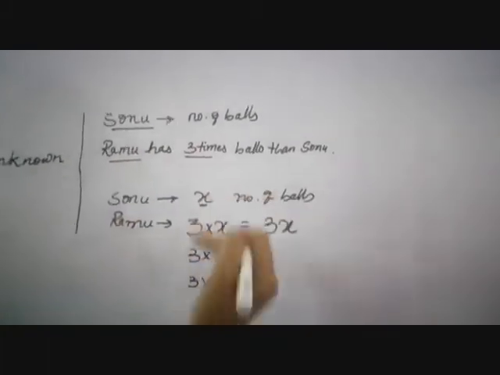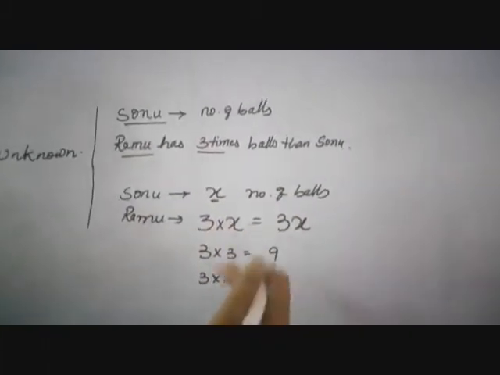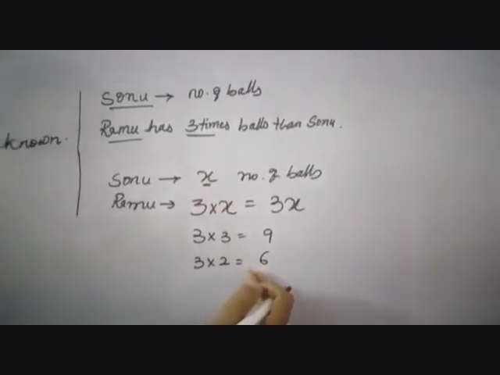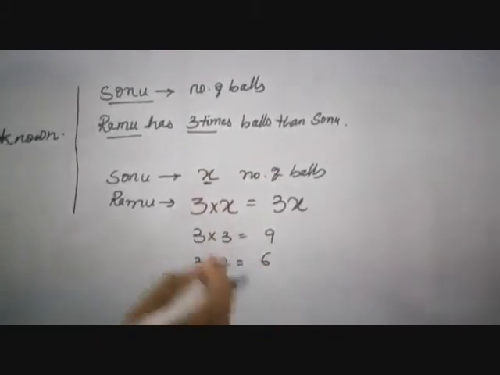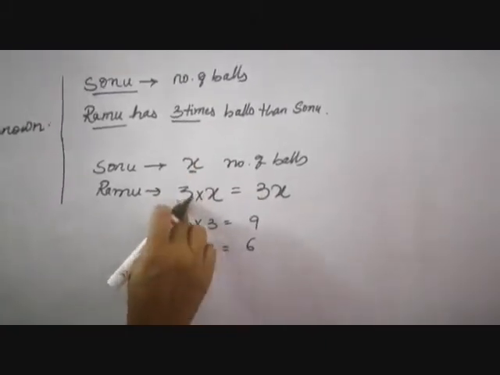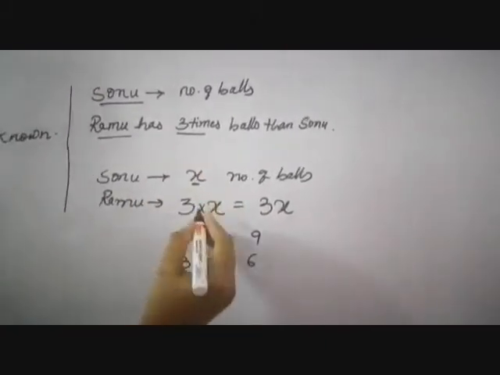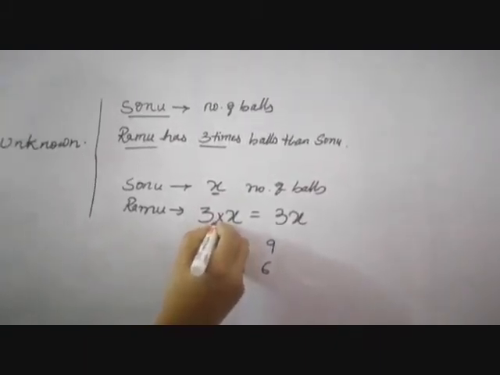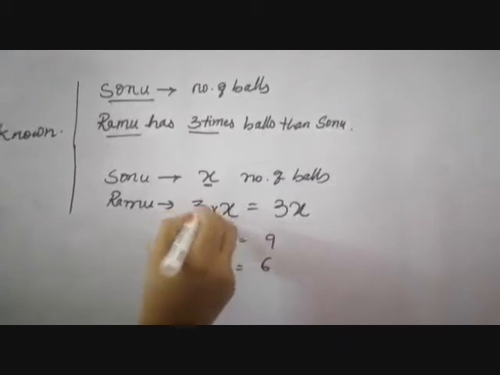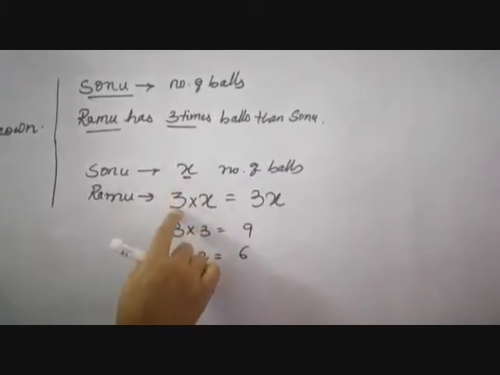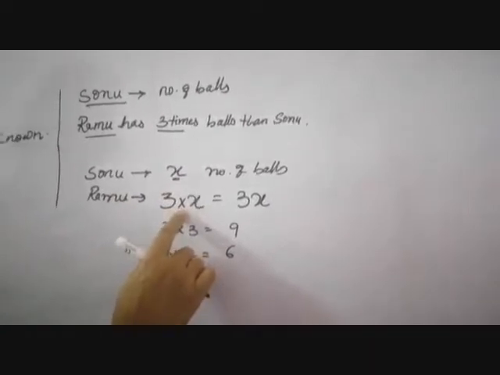From the unknown quantity we are getting the answer. So algebra is nothing but a combination of variables, constants and 4 fundamental operations. That is either plus, minus, into, or division.